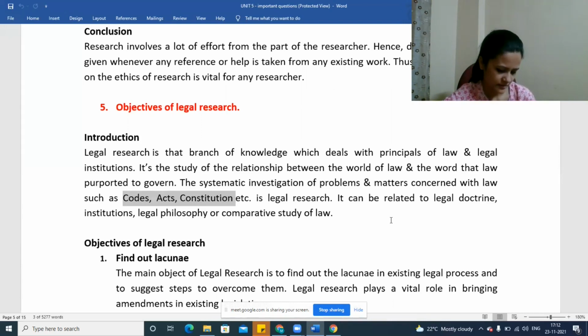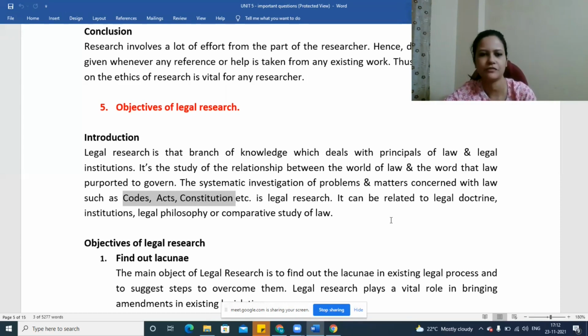Yeah, acts are the same as statutes. Acts means the same as statutes, right? And codes are like the Criminal Code or CPC, CrPC, those are the codes. And the constitution is the primary material, the supreme of all the laws.